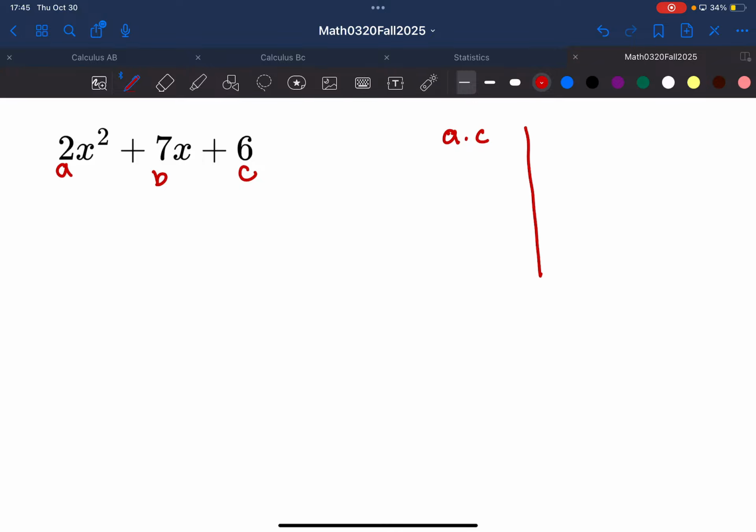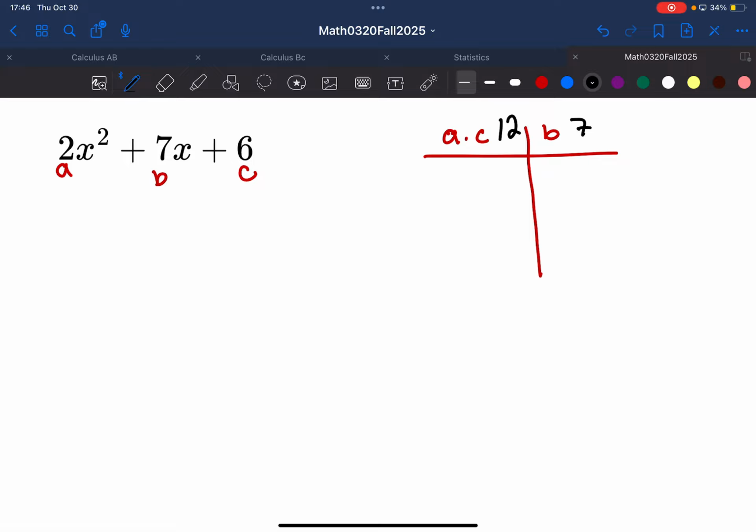Okay, and we're making the same chart as we did yesterday. But instead of just saying, okay, 2 numbers that multiply to C and add to B, we're now saying 2 numbers that multiply to A times C and add to B. So looking at A and C, that's 2 and 6. What's 2 times 6? 12. So we need 2 numbers that multiply to 12 but add to 7.